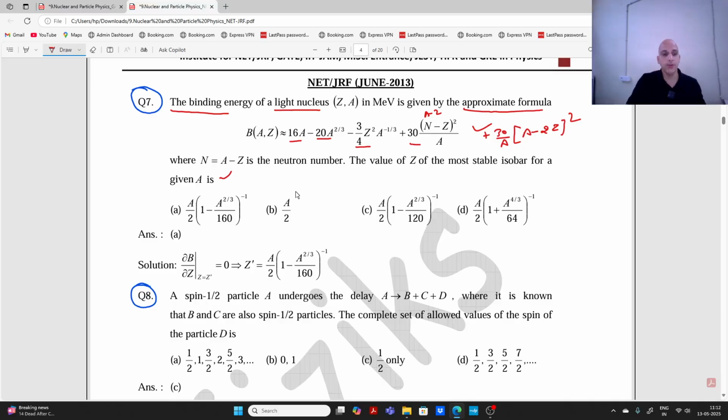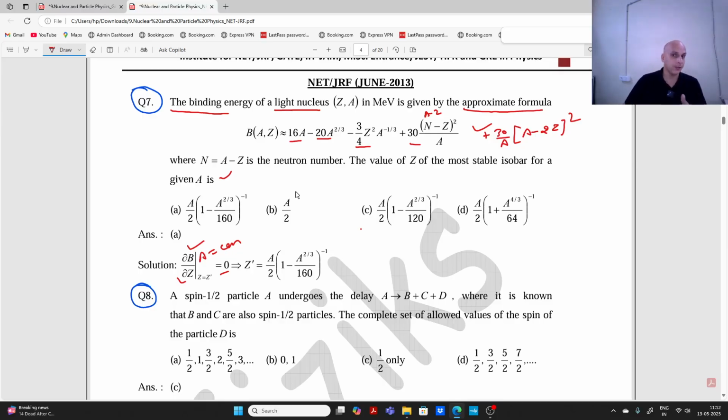If we want to calculate this result, then we have to take the differentiation of this with respect to Z by taking A as a constant. It is written here: dV by dZ at Z is equal to Z dash, provided A is constant, should be equal to 0. I told you that relation in the earlier lecture also, the condition for the most stable isobar.